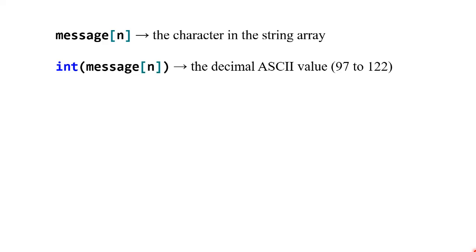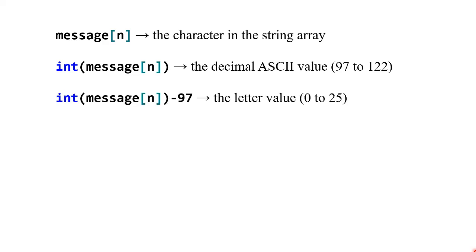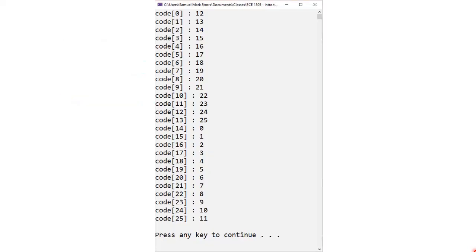That will range from 97 to 122. Before we can apply our lookup table, we need to shift from 97 to 122 down to 0 to 25, and we can simply do that by subtracting the value 97. So this will now result in a number between 0 and 25.